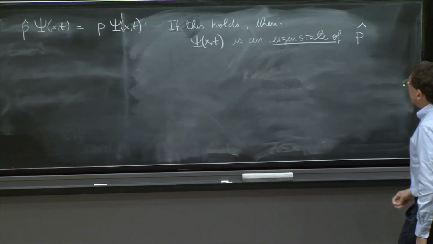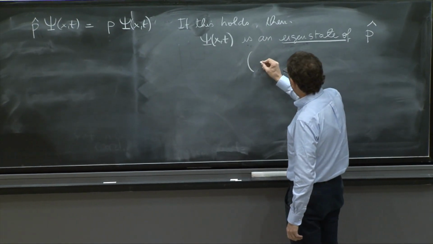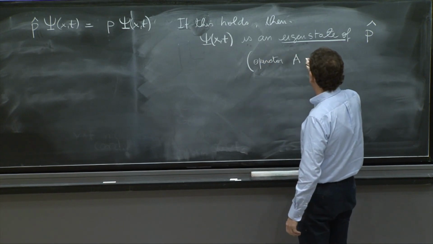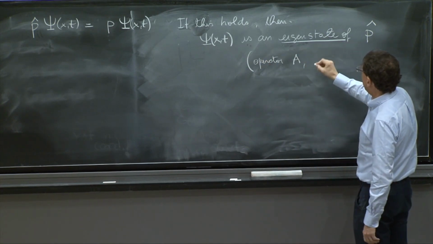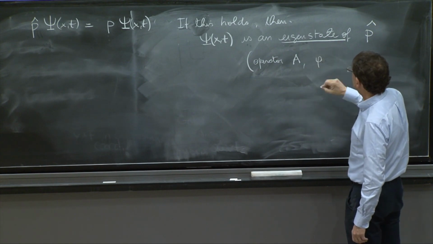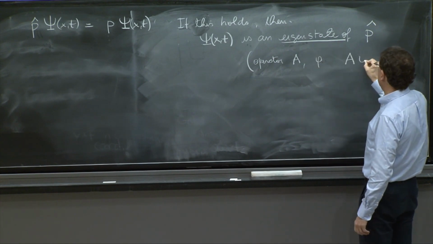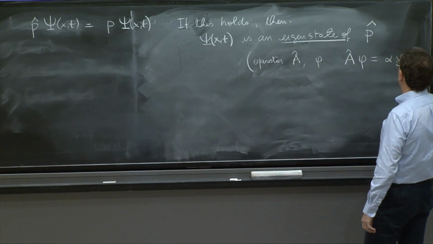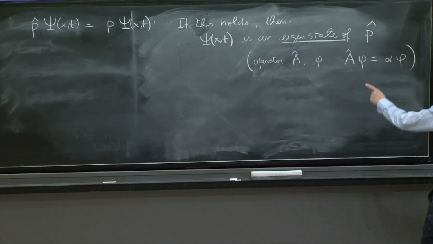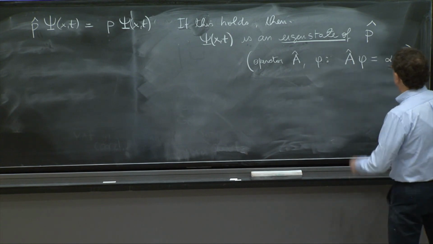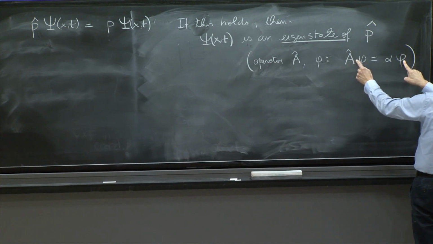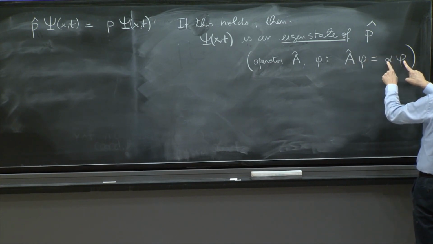So in general, if you have an operator A and a function phi such that A acting on phi is alpha phi, we say that phi is an eigenstate of the operator with eigenvalue alpha.